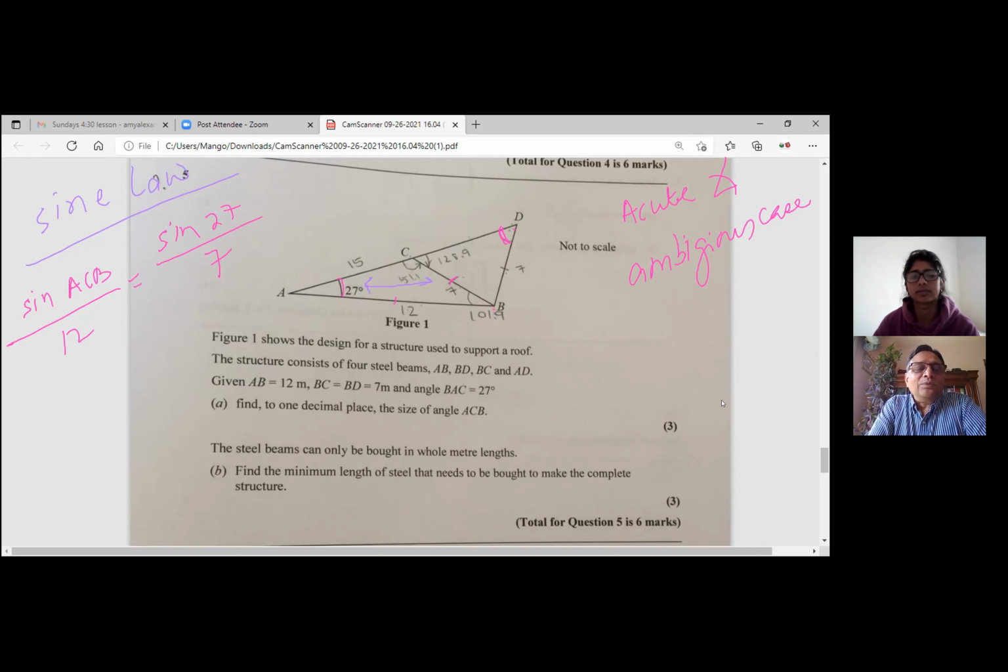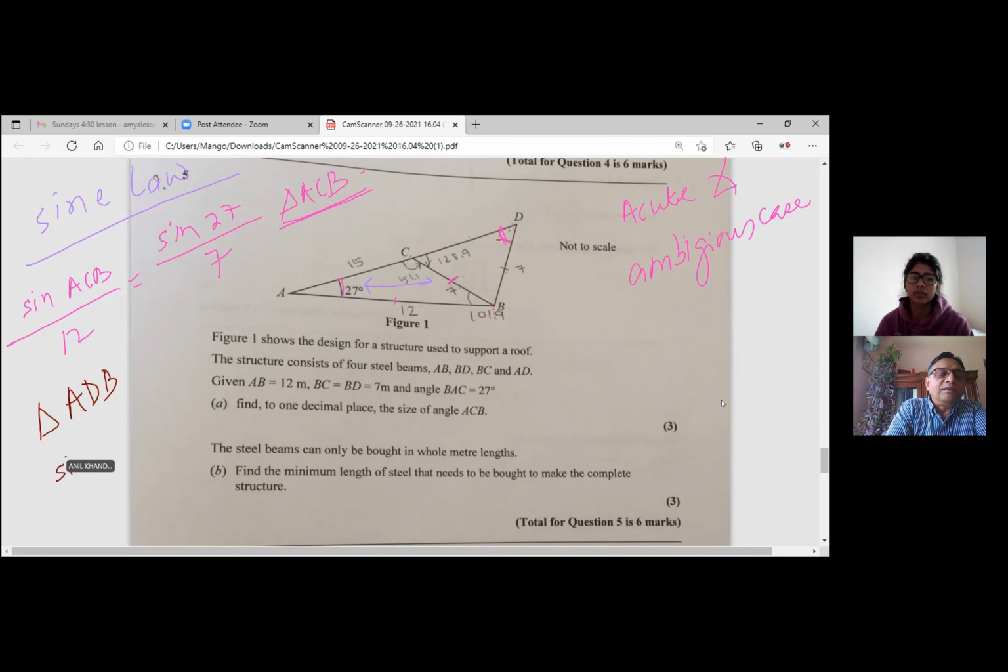So when you use sine law, you will get an angle, right? But think about it. This is your formula when you apply to the triangle ACB, right? Is that clear? But think about applying the same formula for the bigger triangle, triangle ADB. In that case, what will be the angle D?